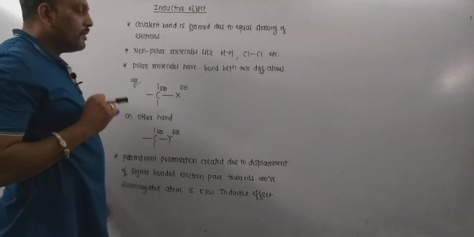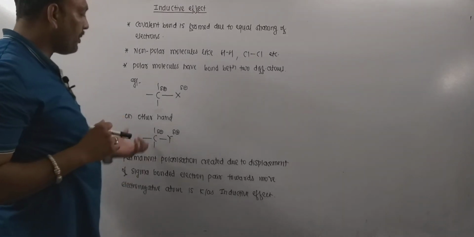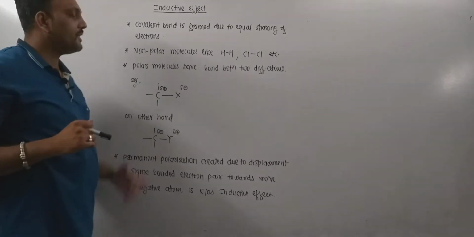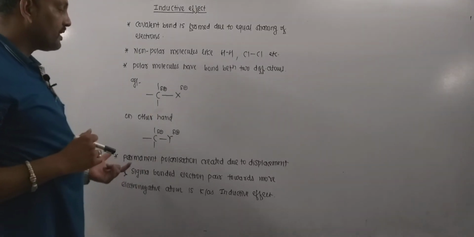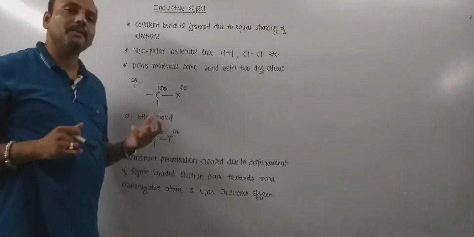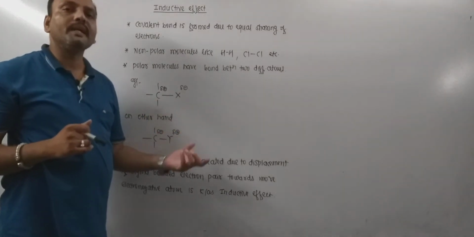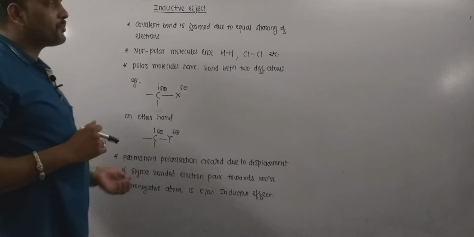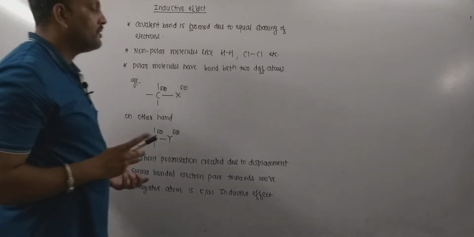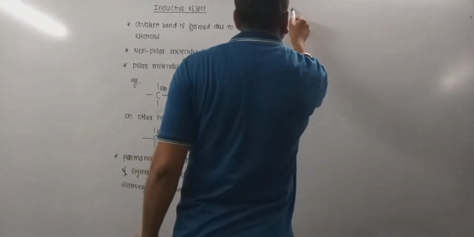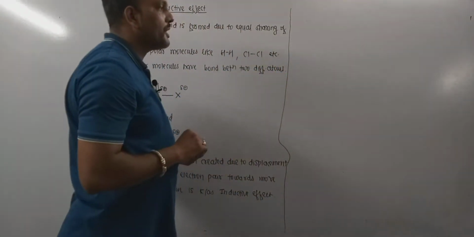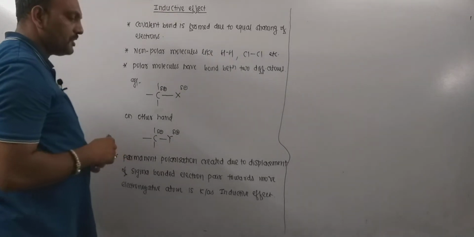So anyhow, due to this permanent polarization created within the molecule, this permanent effect is nothing but the inductive effect, and it can be seen only in single bonds. I mean, the displacement that takes place is of sigma bonded electrons. That is a very important thing to be noted. So sigma bonded electrons get displaced.